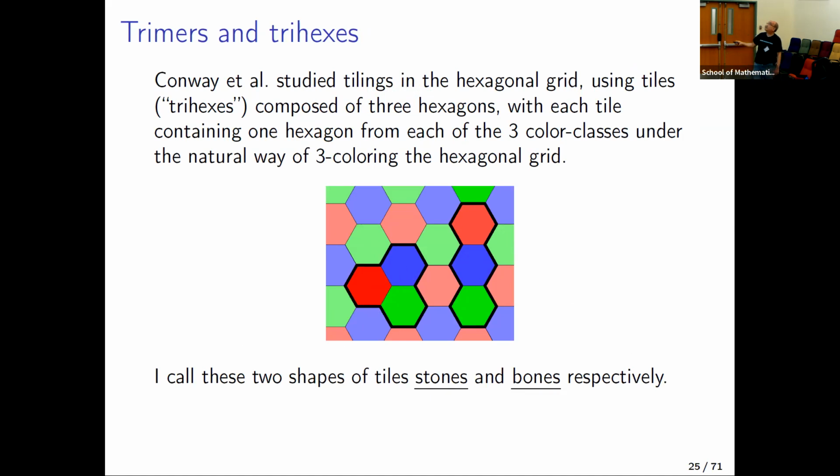There's some confusion terminologically in the literature because Conway and Thurston called the one on the right a tribone, and Stanley and Ardila, and also the online encyclopedia of integer sequences called the one on the left a tribone. So I'll avoid using the word tribone and use my own terminology. I'm going to call the one on the right a bone and the one on the left a stone.